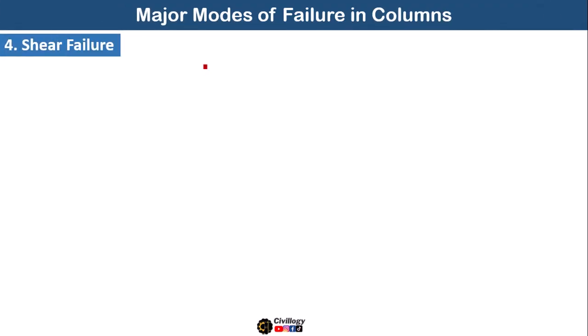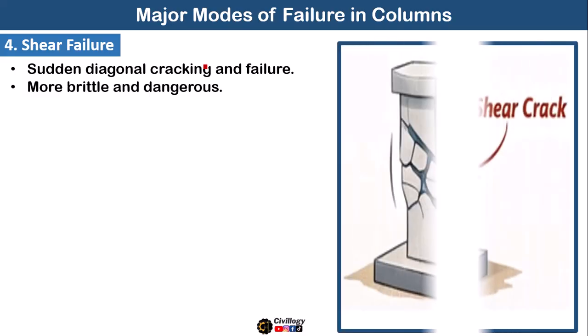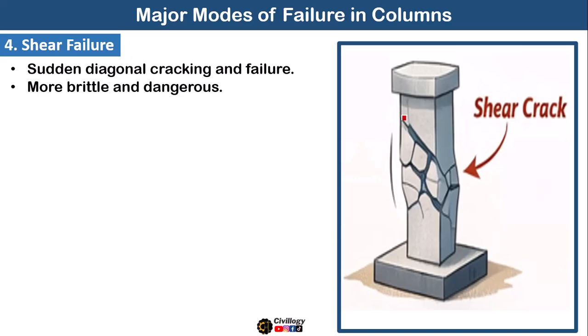The fourth type of failure is shear failure. The sudden diagonal cracking and failure. Due to shear failure, a sudden diagonal crack appears. As you can see over here, this is a diagonal crack, and it is more brittle and dangerous as it is very sudden.